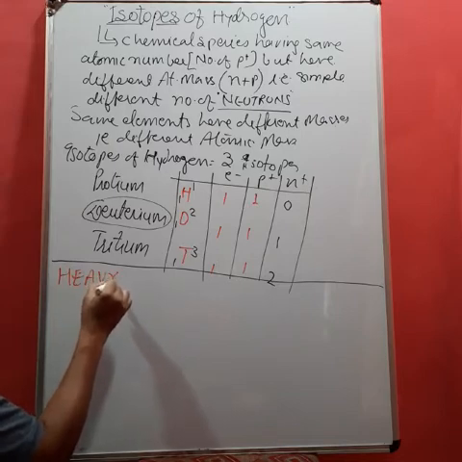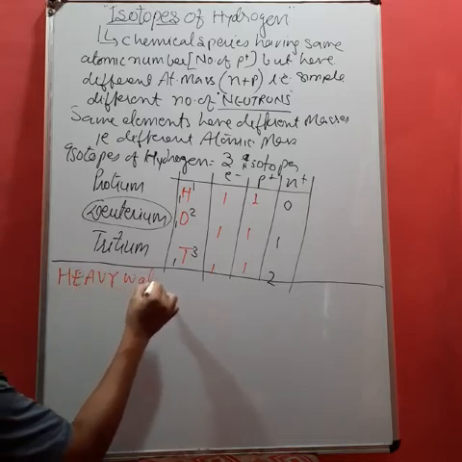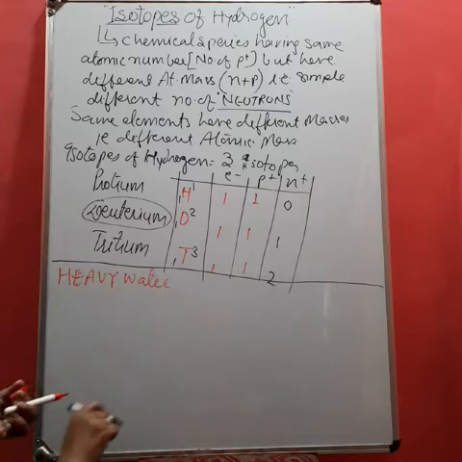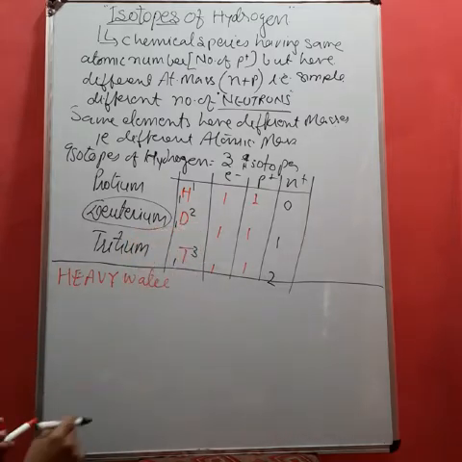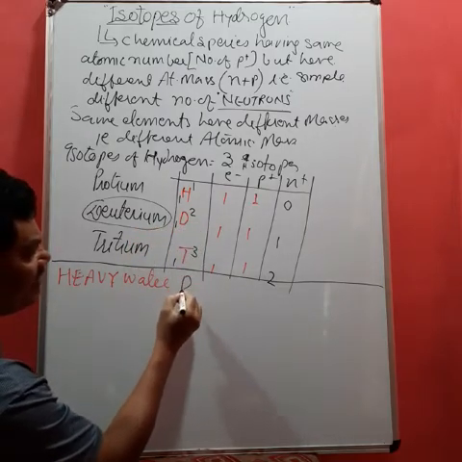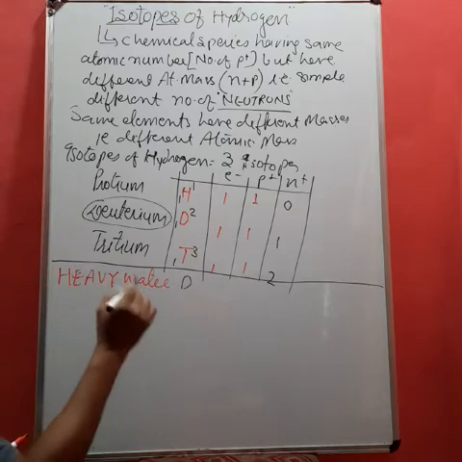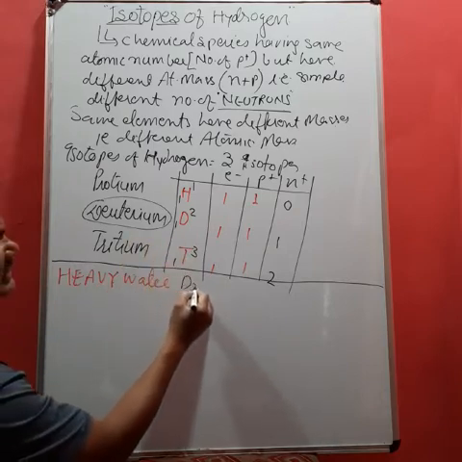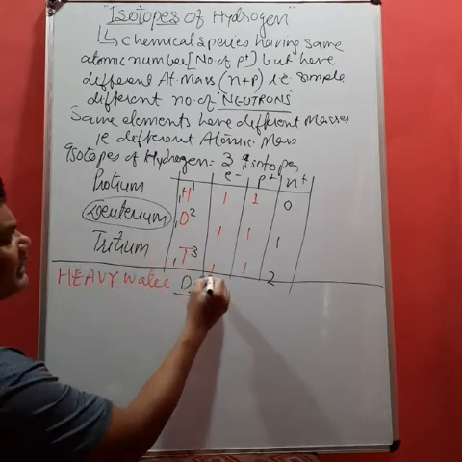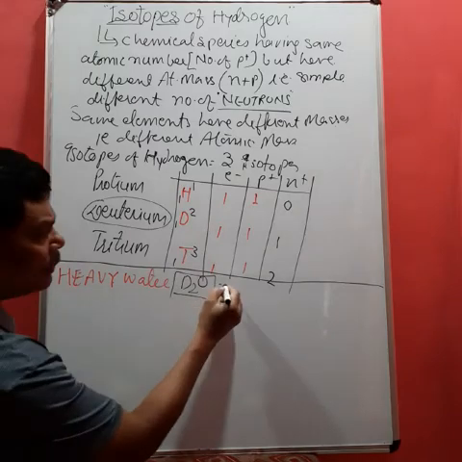It differs from hard water; heavy water. As I told you, deuterium is denoted by D, therefore the heavy water will become the oxide of deuterium, called D2O. So this is the formula of D2O.